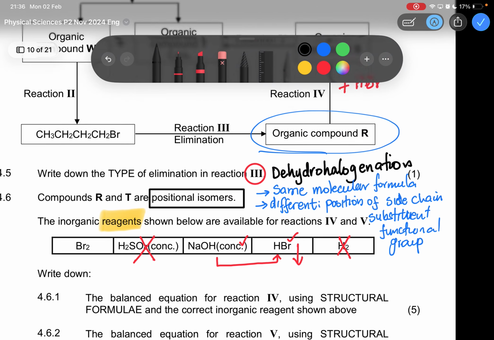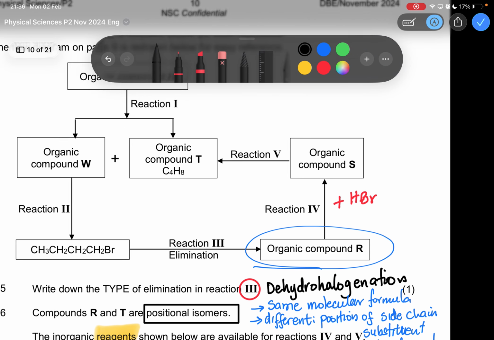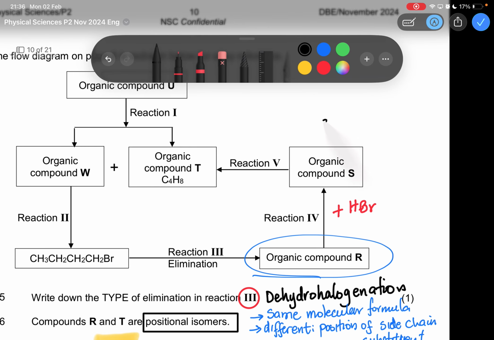All right. So reaction 5. Let's go back and look at reaction 5. Remember, reaction 5 is forming 1, 2, 3, 4 Br. So this is compound S being formed here.